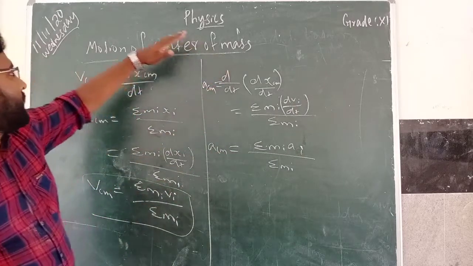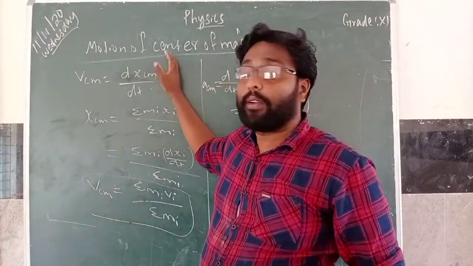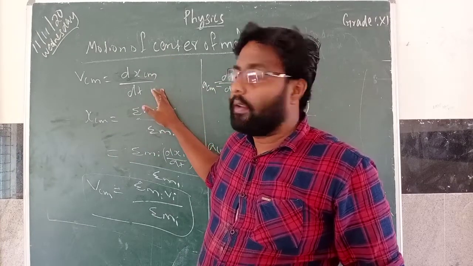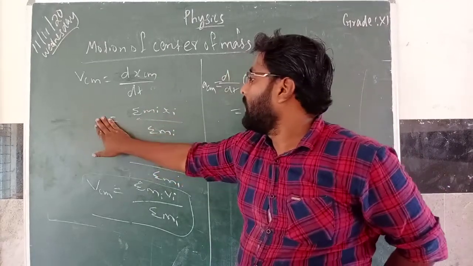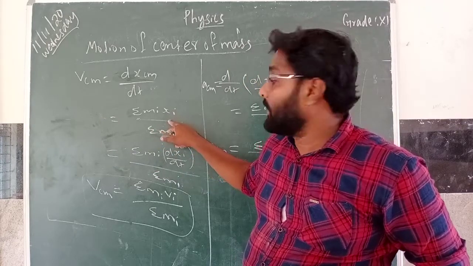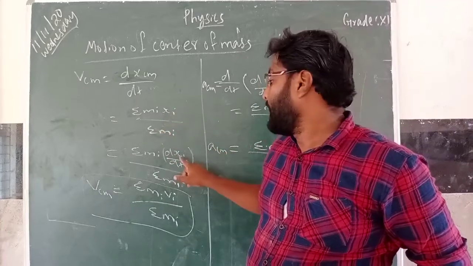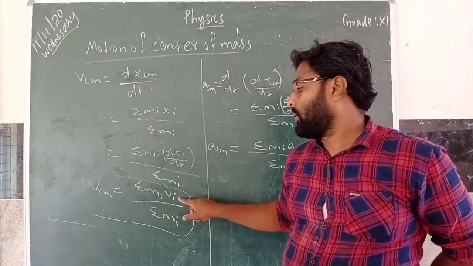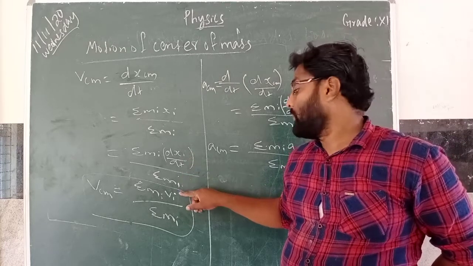So you see, this is how you can find the motion of the center of mass. The velocity, the first derivative form, is dx by dt. So this xi becomes dxi by dt. dx by dt means displacement by time, that is velocity.